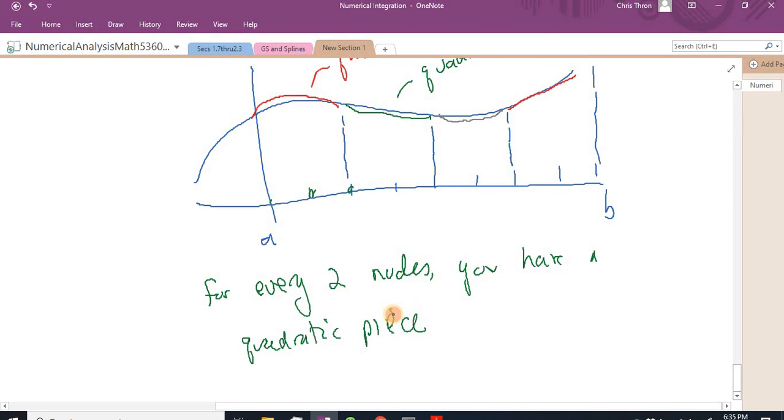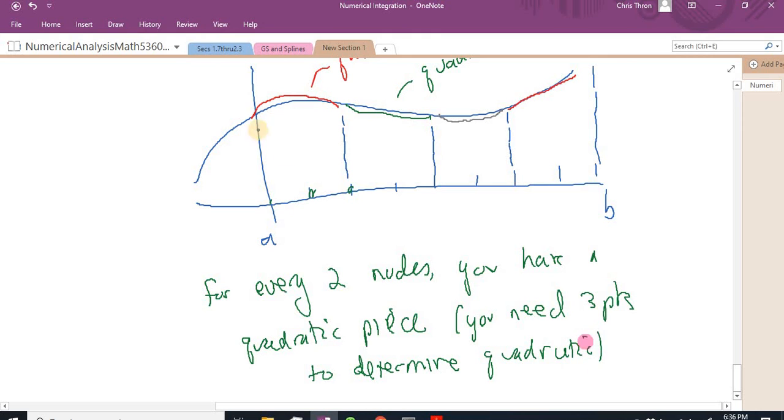The reason you do that is that 2 points determine a line, because a line has 2 unknown constants. 3 points determine a quadratic, because a quadratic has 3 coefficients. So you need 3 points to determine a quadratic piece. Actually, this was not quite so accurate.